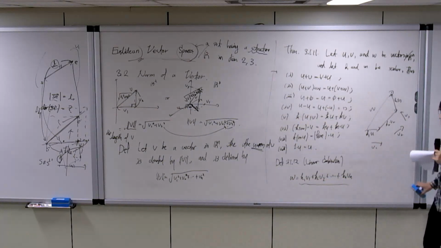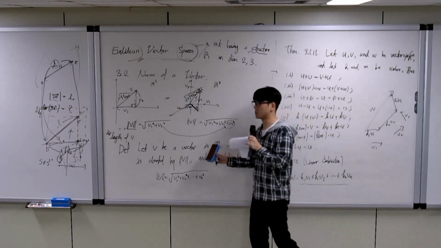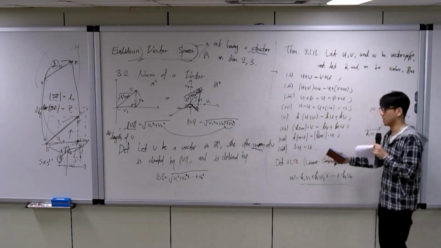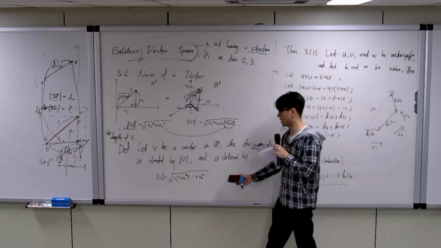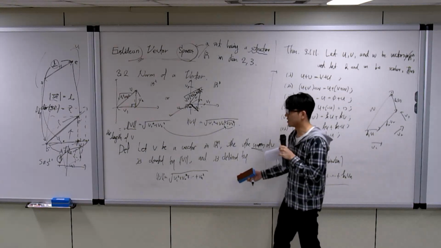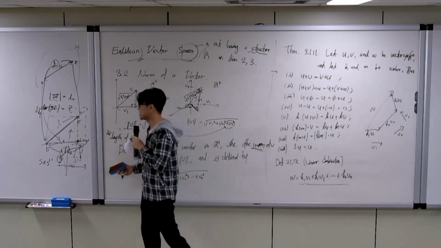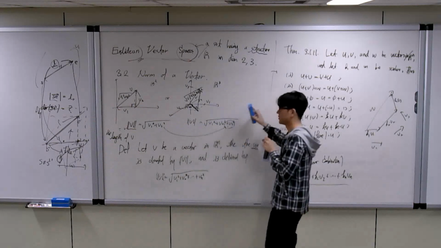So from the rule of Pythagoras, we can imagine it will give the length of the vector v.